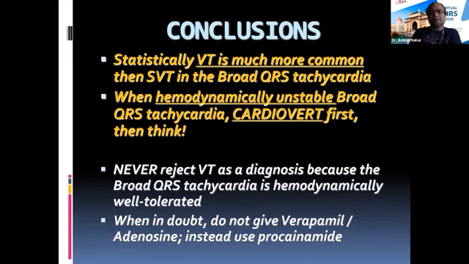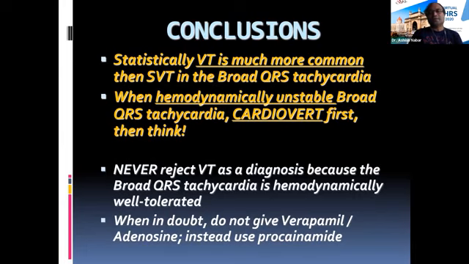But you look at the patient clinically when you stand in the emergency room. If he's hemodynamically unstable, you try and discover what it is later. First cardiovert, get to sinus rhythm, and then start thinking. Never reject VT as a diagnosis because a wide QRS tachycardia patient was hemodynamically stable. That's an absolutely flawed understanding.